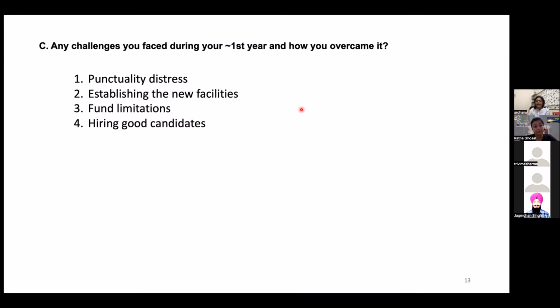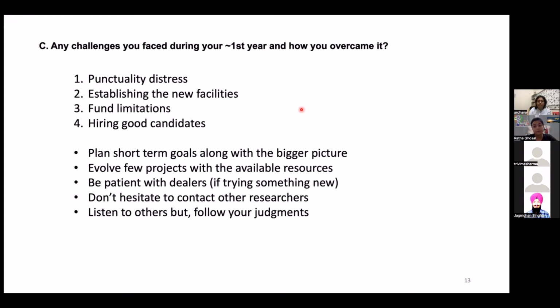And as a new faculty, you have very limited funds. So my advice to the new faculties is keep looking for more funding opportunities, that really helps you to explore more things. And the third thing is establishing new facilities.